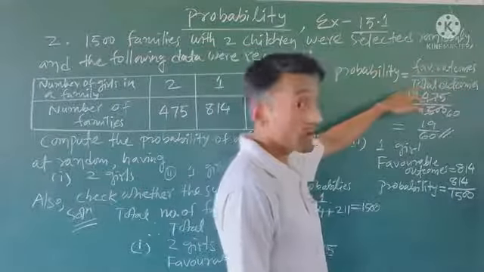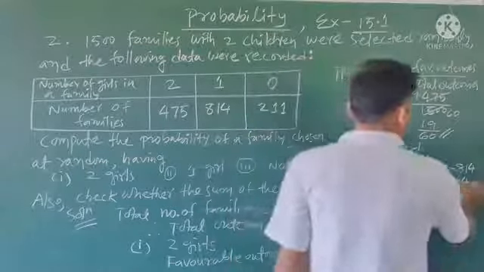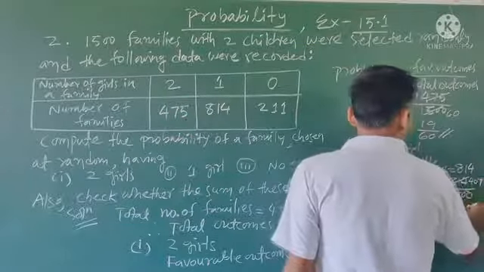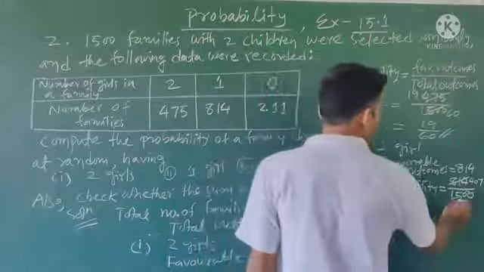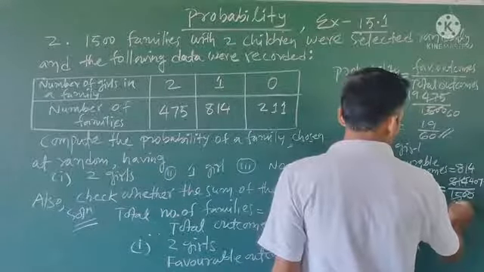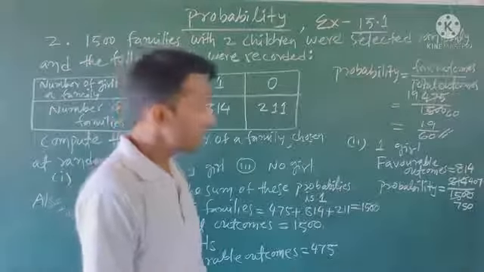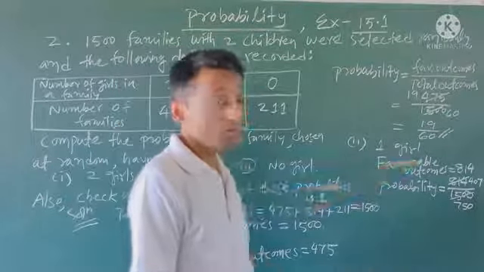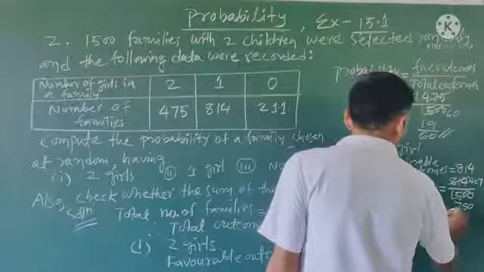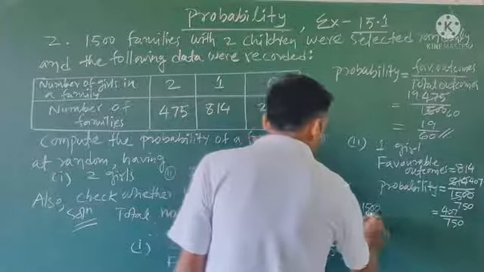Favorable outcomes we have 814, total outcomes we have 1500. So we can cancel now. 407 into 2 is 814. 750 into 2 is 1500. So what we get? 407 by 750.